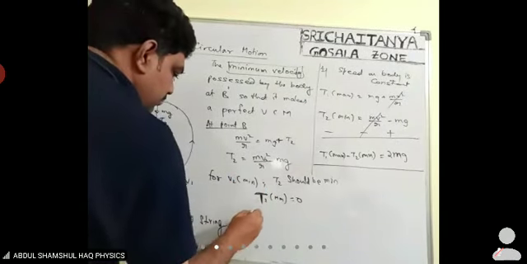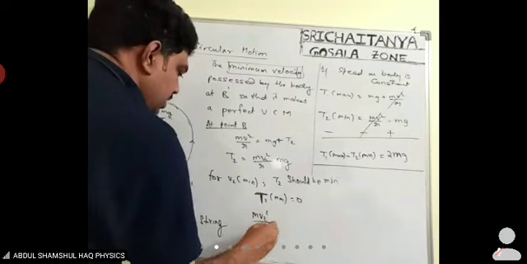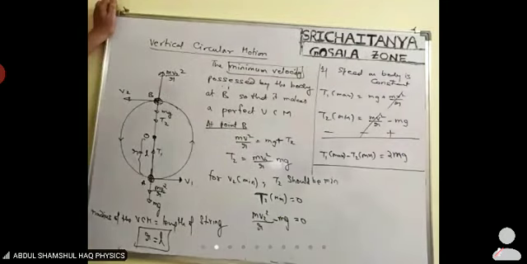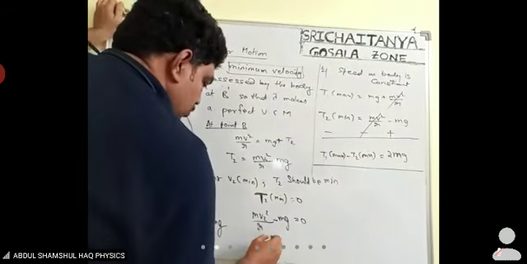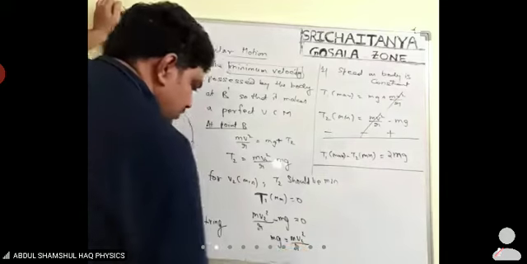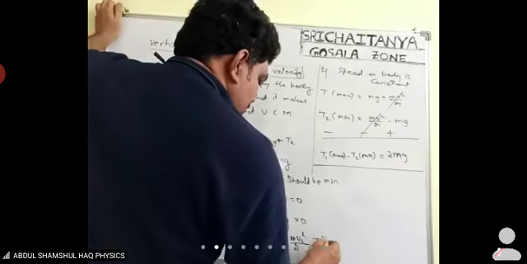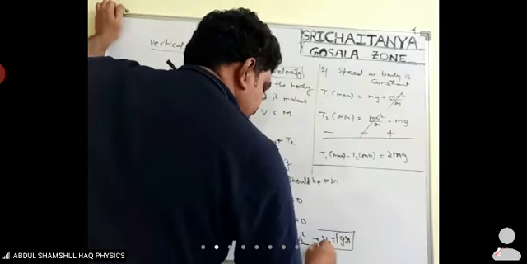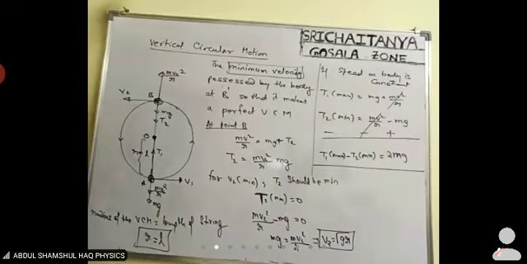then m v2 squared by r minus mg is equal to 0. m cancels, so we have mg equal to m v2 squared divided by r. Therefore, velocity v2 equals root gr.